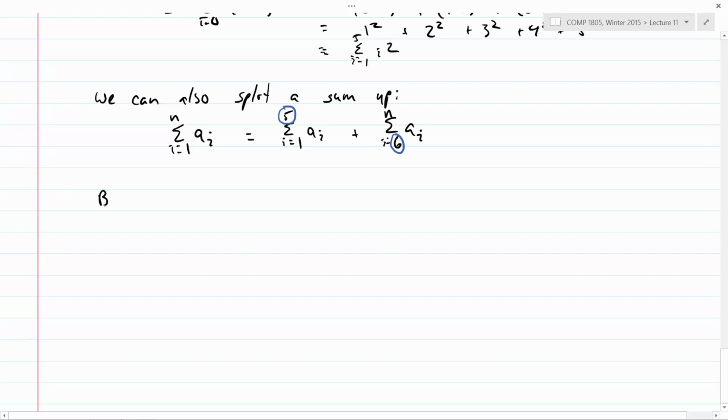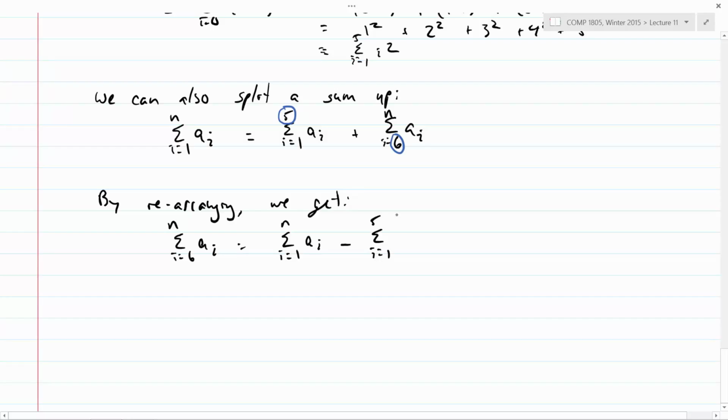So by rearranging, we get the sum from i equals, say, 6 to n of a sub i is equal to the sum from i equals 1 to n of a sub i minus the sum from i equals 1 to 5 of a sub i. Right? All I did was rearrange the previous equation.